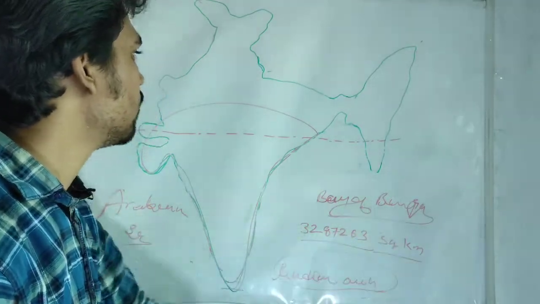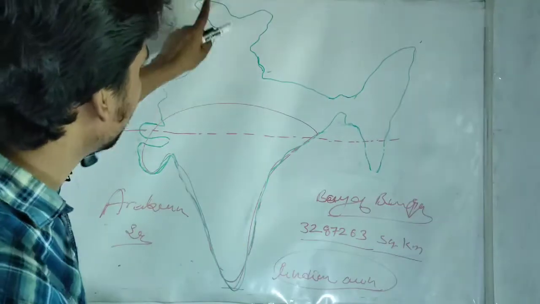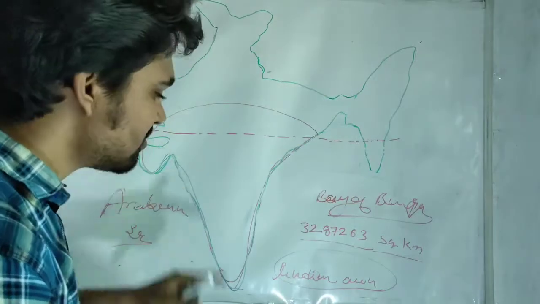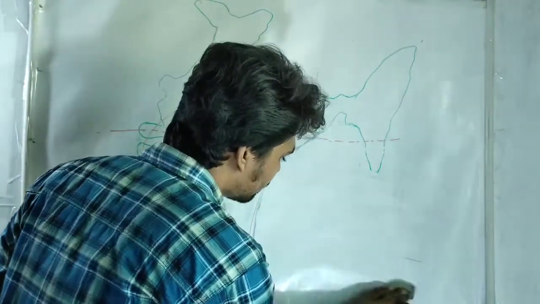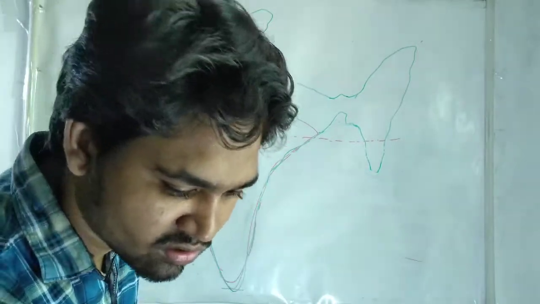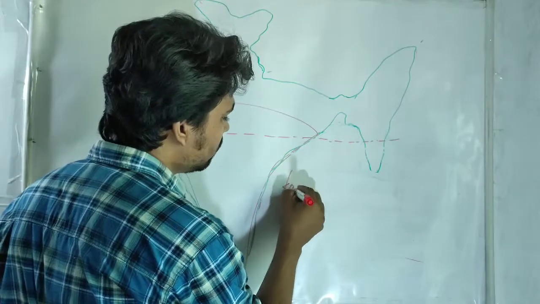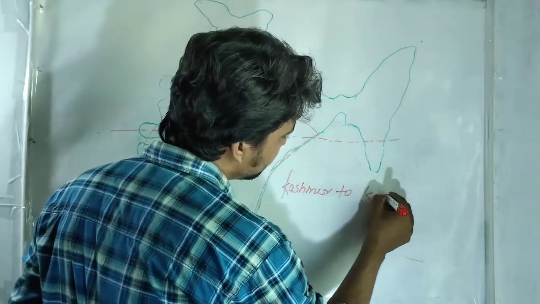The distance from north to south and from east to west is about, in the case of north to south, we will calculate from Kashmir to Kanyakumari.